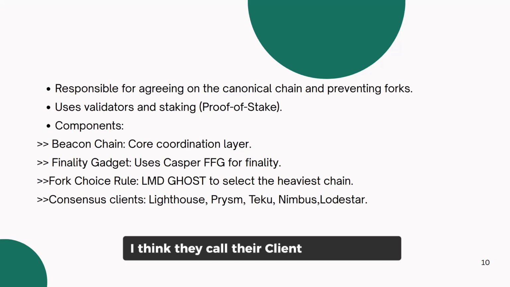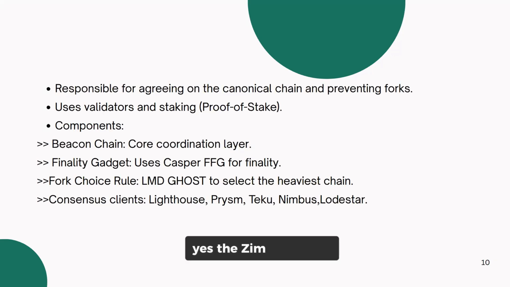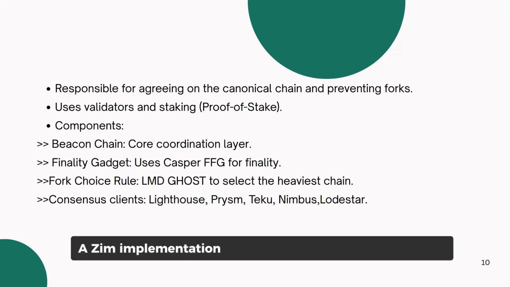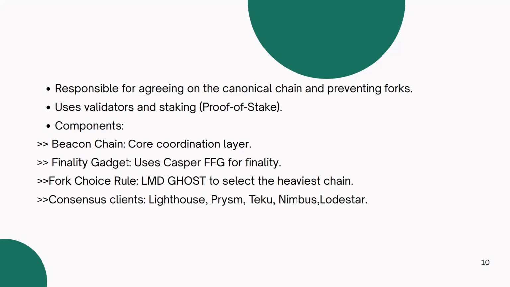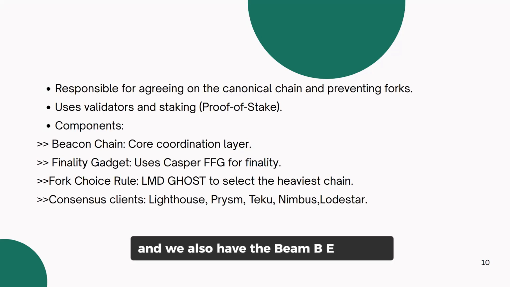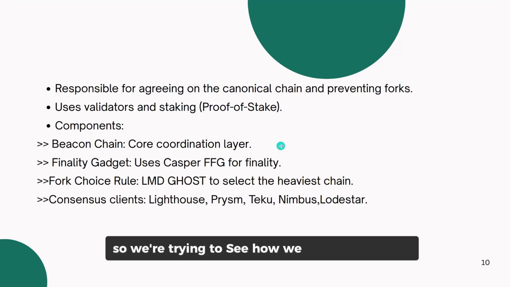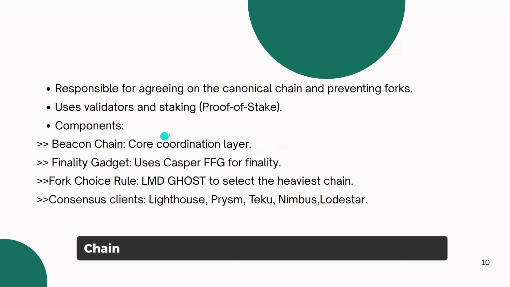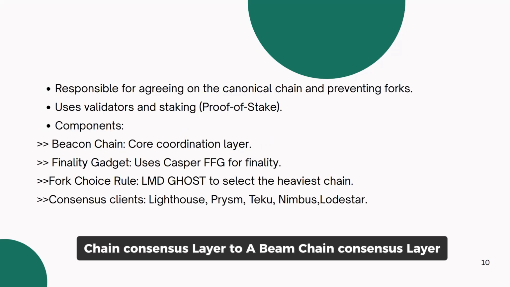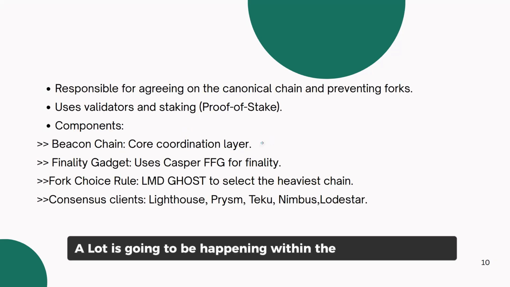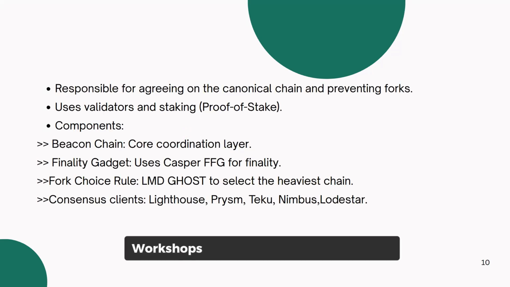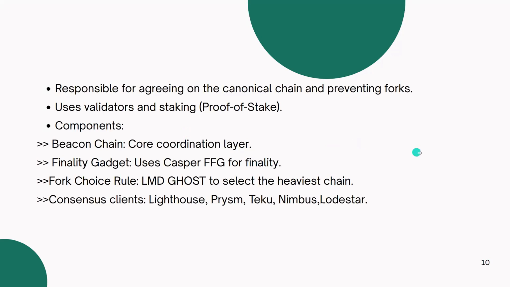I think they call their client Zeam, a Zig implementation of the beam chain consensus layer. And we also have Ream, sorry, the Ream client, which is the Rust implementation of the beam chain consensus layer. So we're trying to see how we would transition from the beacon chain consensus layer to a beam chain consensus layer. A lot is going to be happening within the blockchain space, and that's the reason why workshops like this are very important to equip developers who are curious to dive into protocol engineering.